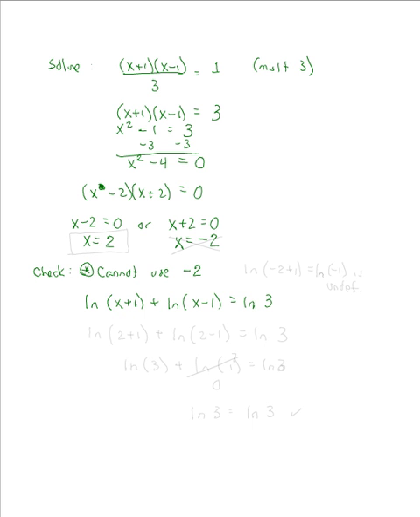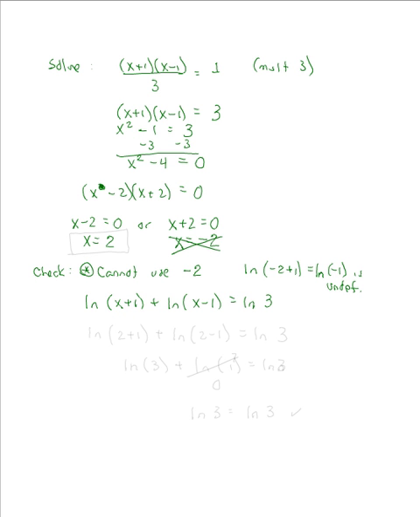If we try to plug in a negative 2, the natural log of negative 2 plus 1 would give me the natural log of negative 1. This is undefined. So negative 1 is not a valid number. We can only take a logarithm of positive values. So I know I cannot use x equals negative 2.